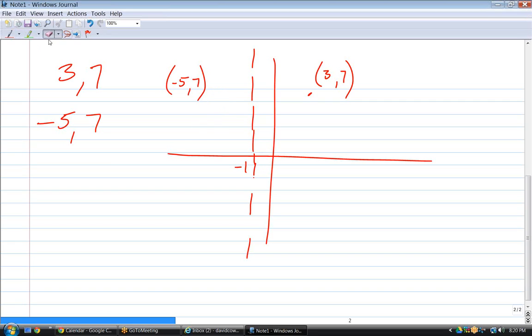Let me move this over to where that axis of symmetry splits it. And now, here's one parabola. Goes through those 2 points, symmetrical about that axis of symmetry. Well, here's another parabola. Goes through those 2 points, is symmetrical about that axis of symmetry.